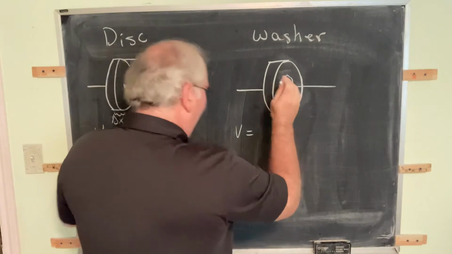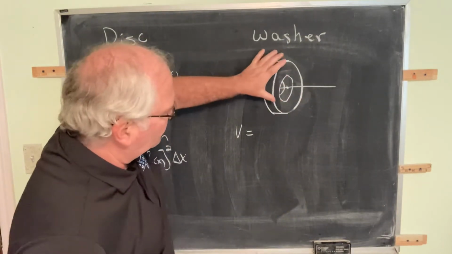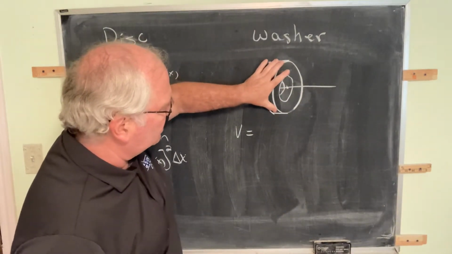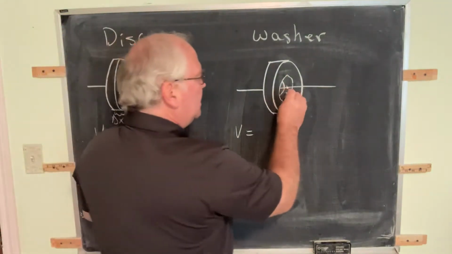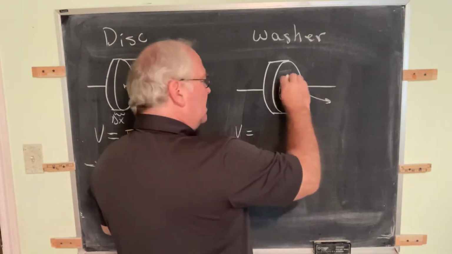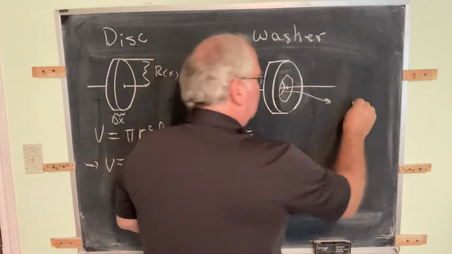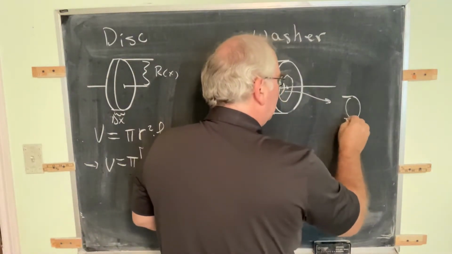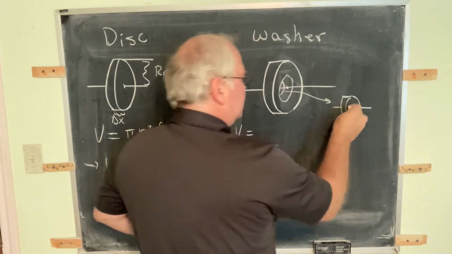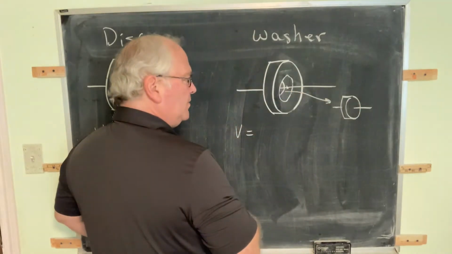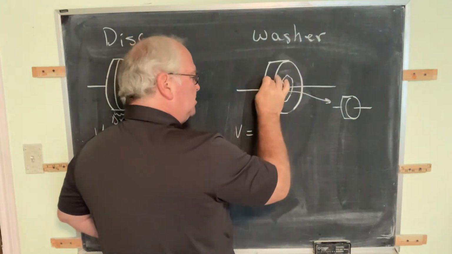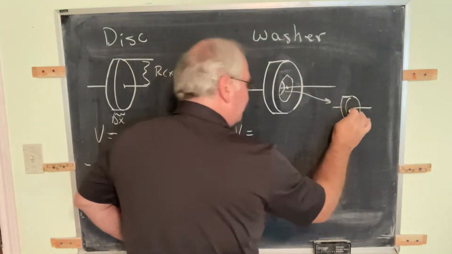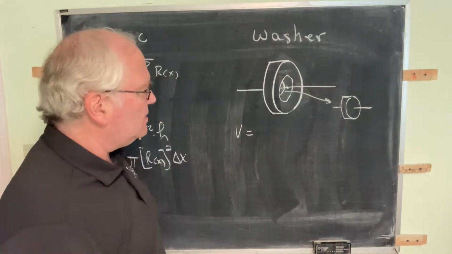And so, we can think of this washer as one cylinder with another cylinder taken out of it. If you drill this piece out, you would have taken out a small little inside cylinder. And so the volume of this piece is the volume of the original, subtract the volume of the piece that we've cut out.